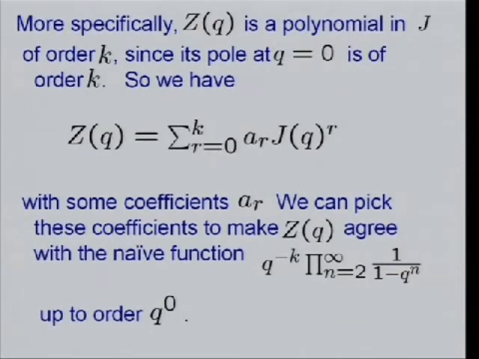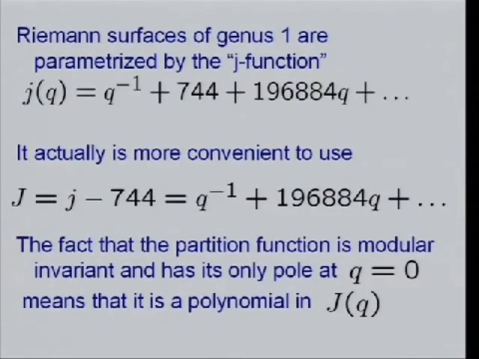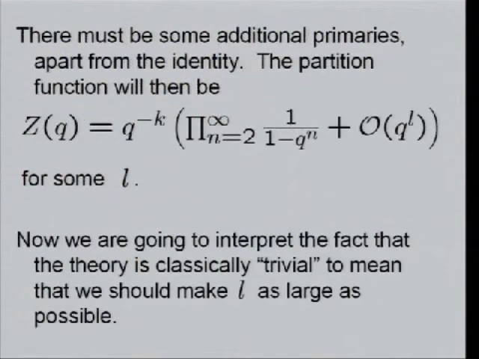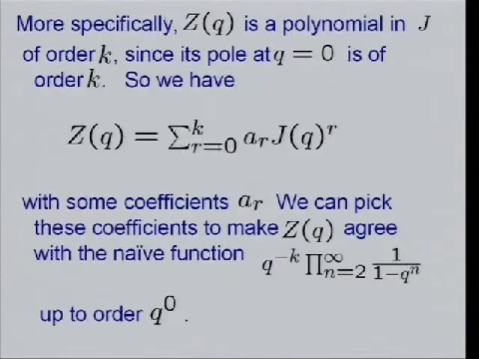And we can be much more specific. It must be a polynomial in j of order k, because since the ground state energy was minus k, the pole at q equals 0 is of order k. Right? Anti-de Sitter space has energy minus k, and the excitations above it have less negative energy. So the pole is of order k, and therefore the partition function is a polynomial in j of order k.